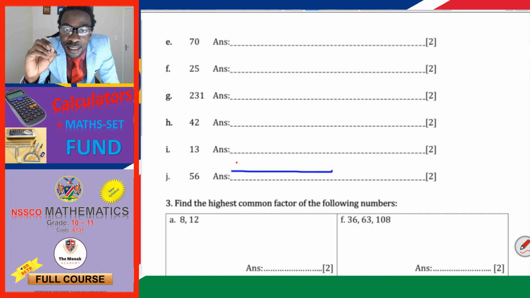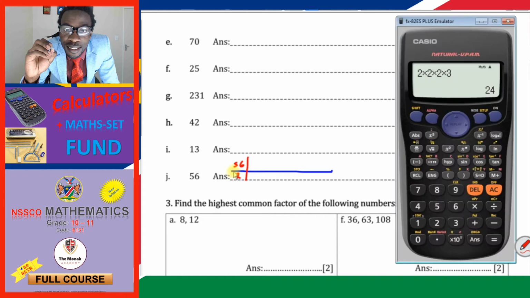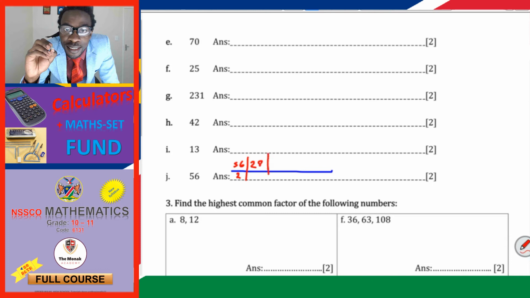Alright, so we know 56, we try 2. 56 divided by 2, you get 28. We try 2 again, you get 14. You try 2 again, you get 7, and then we try 7, you get 1.